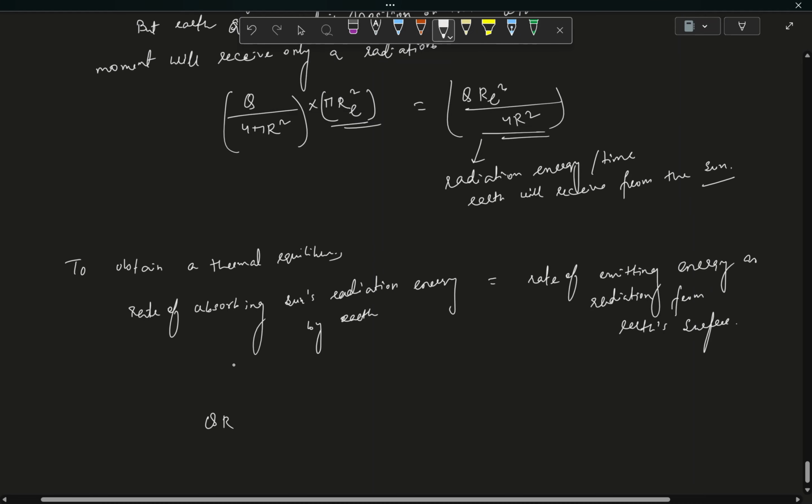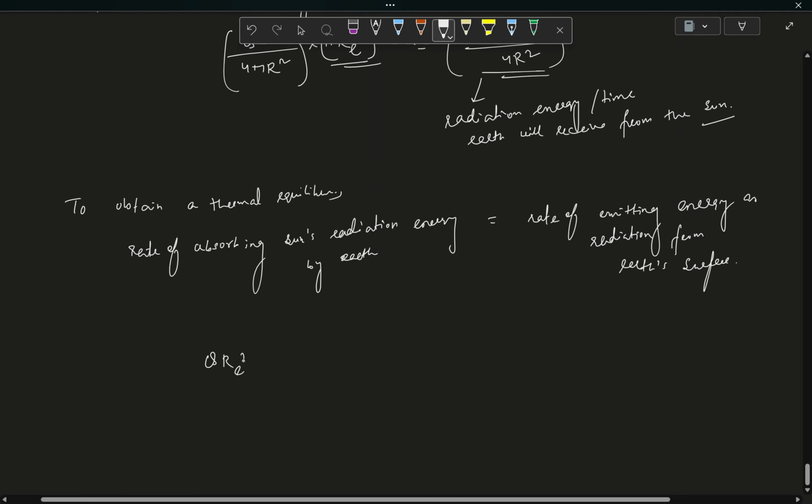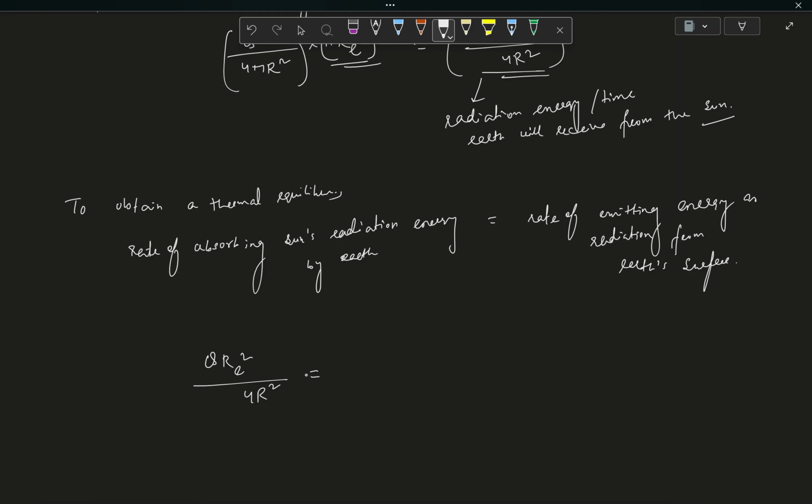So Q r_e squared by 4 r squared is equal to the rate at which energy is being emitted by the Earth. So again the Stefan-Boltzmann law has to be used. Energy per time is the emitting rate. So epsilon is again 1, because Earth is also considered a perfect black body. So just area times sigma T to the power 4 you have to put.